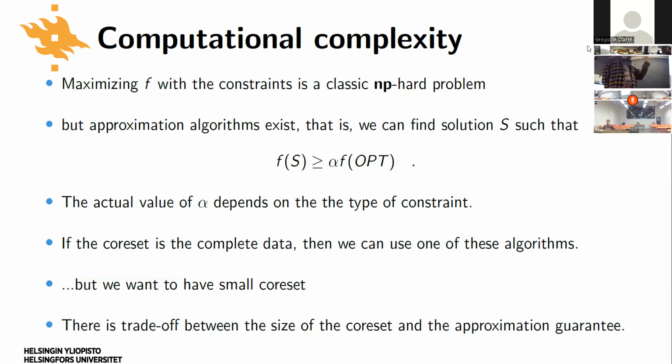Even if we return the whole data, we cannot solve the problem exactly in reasonable time, but we can get some approximation ratio. The approximation ratio we get with coresets is slightly worse than in the ideal situation, and there's a trade-off between the size of the coreset and the approximation ratio we can get from it.